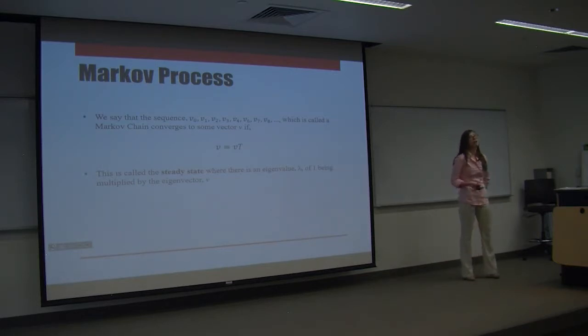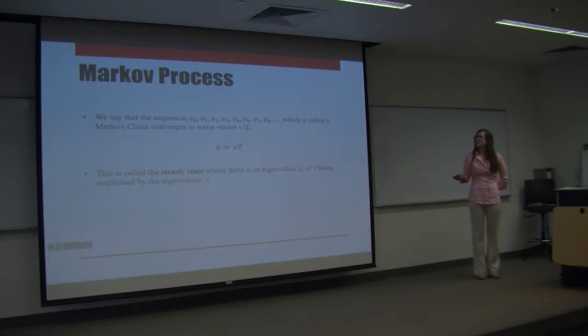If we ended up doing the calculation of Vm times the transition matrix, and we got Vm back out of that, we would know that in fact the Markov chain has converged. And when it converges to this particular equation, we call that the steady state, where there is an eigenvalue lambda of 1 being multiplied by the eigenvector v.